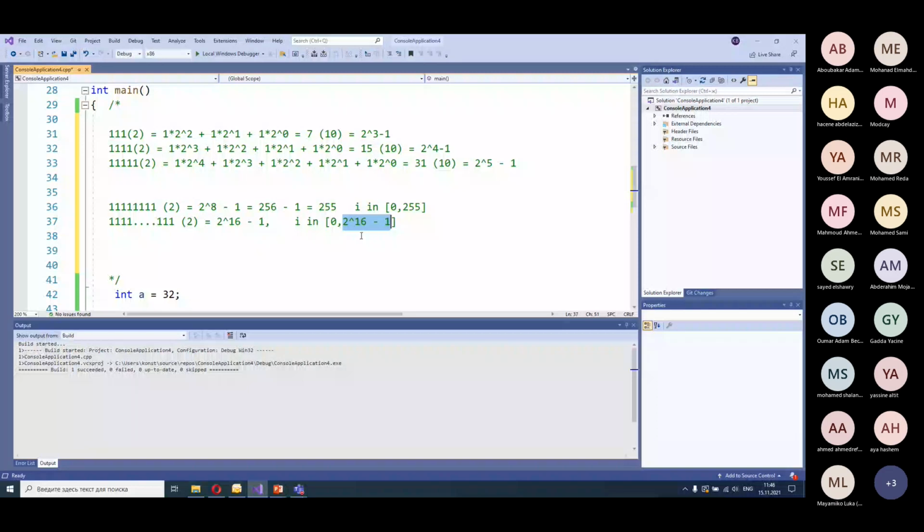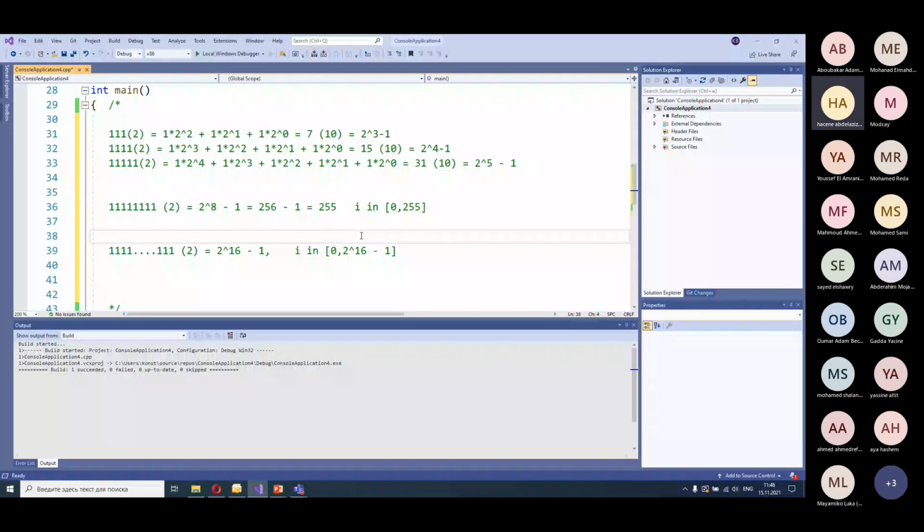When we represent positive, non-negative numbers, the largest number is all ones, and the range of representation is between 0 and 255. But numbers can be positive and can be negative too. I explain you the idea of storing.